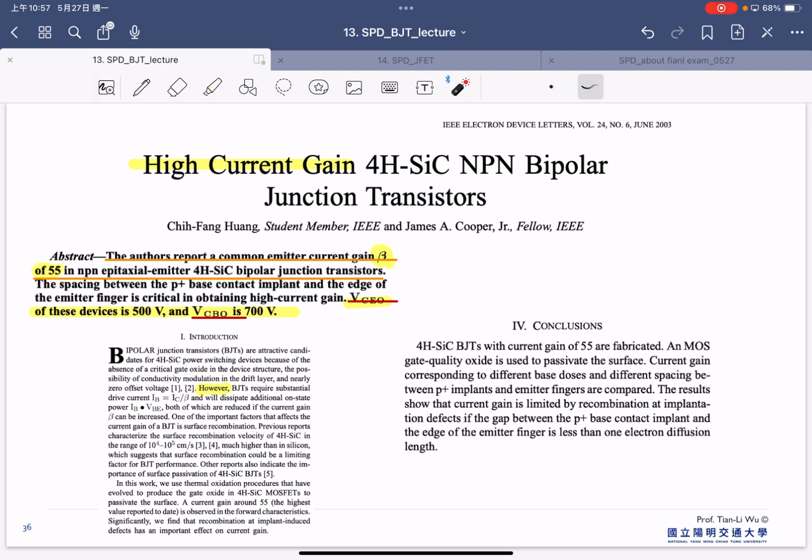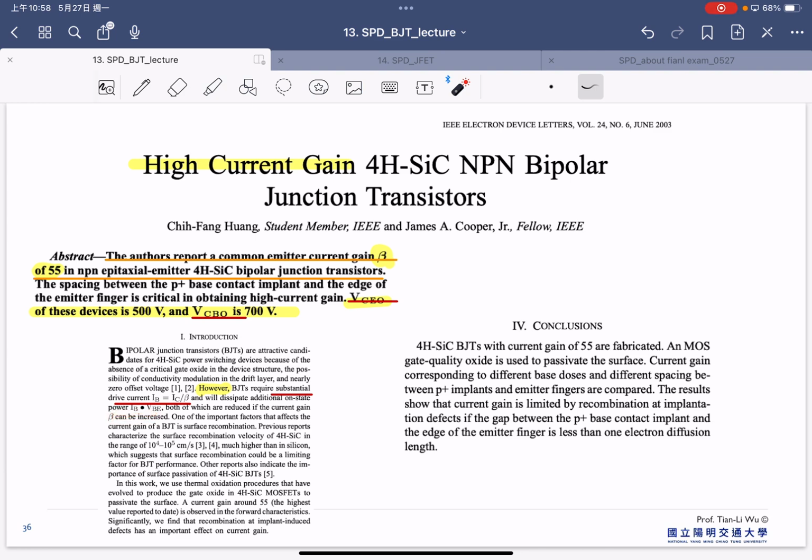So after however, the BJT requires a substantial driving current. This equation is something we already mentioned in the class. The ratio between the base and collector current is beta, and it will dissipate additional unstable power.